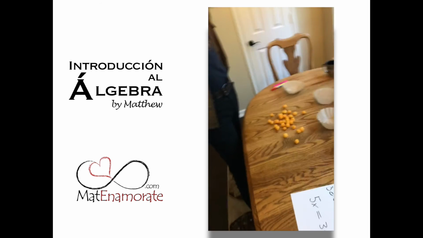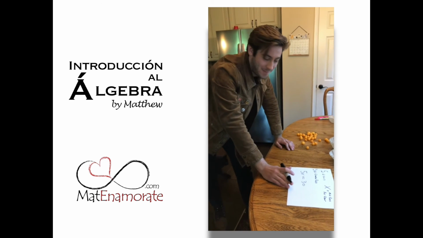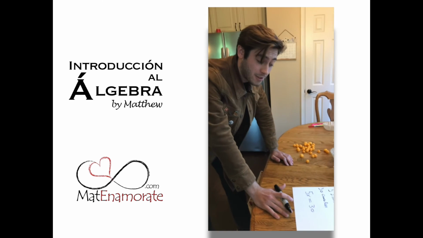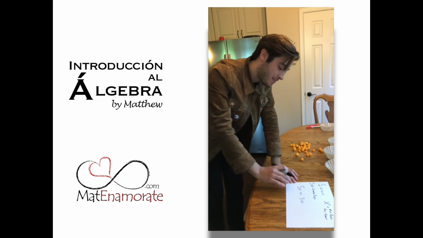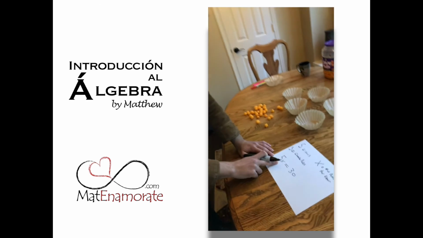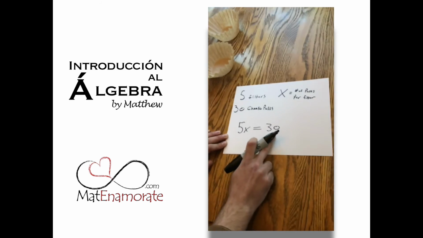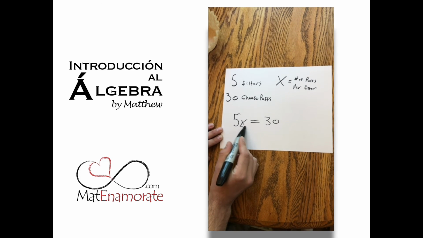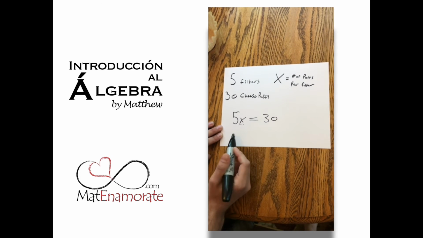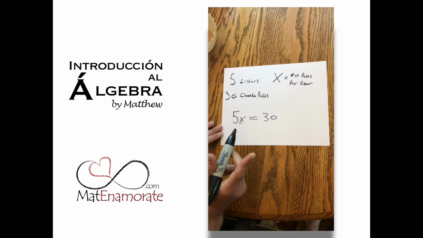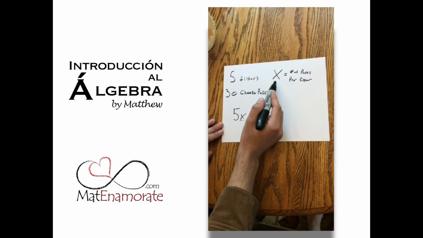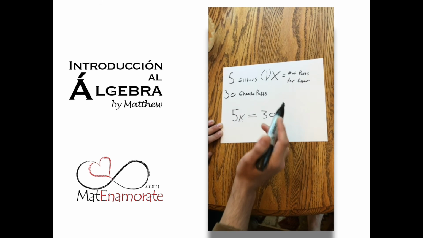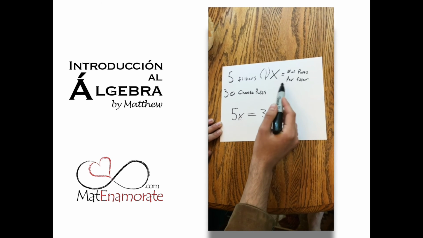So, to find the number of cheese puffs per coffee filter, what we're going to do is take our equation 5x equals 30 and simplify it. We need to isolate x in the equation. We want 1x, which the 1 is understood, number of puffs per filter.